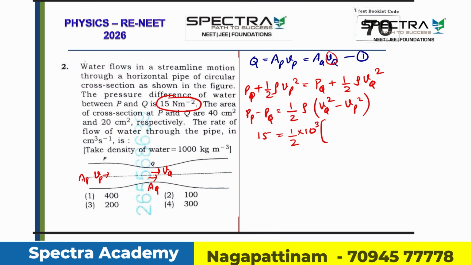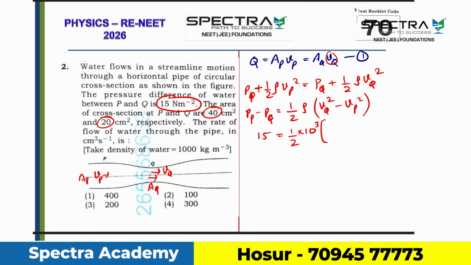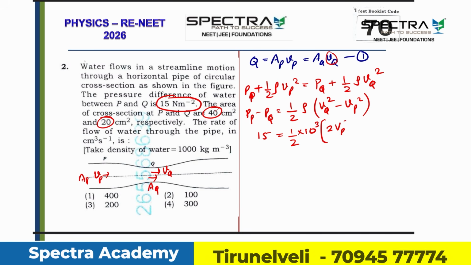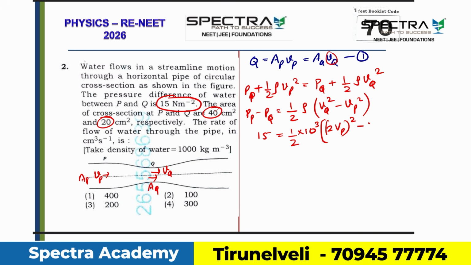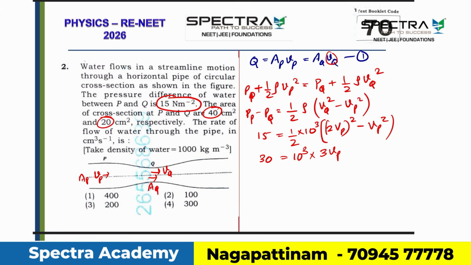So what will be AP by AQ? AP is 40, AQ is 20. So AP by AQ will become 40 by 20, that is 2. You can write it like this: 2 VP the whole square minus VP square. Therefore 30 is equal to, I just multiply to LHS, 10 power 3 into 4 VP square minus VP square, 3 VP square.